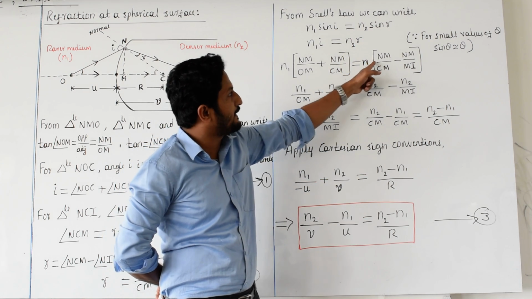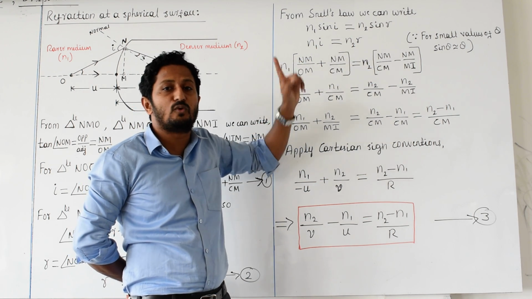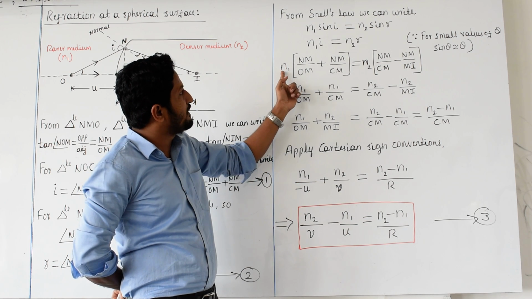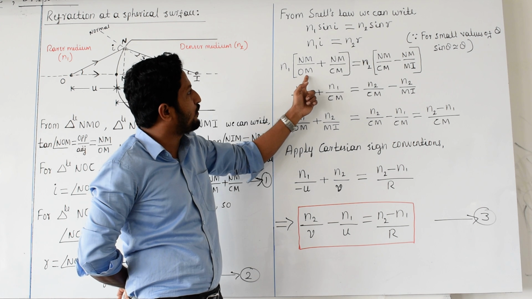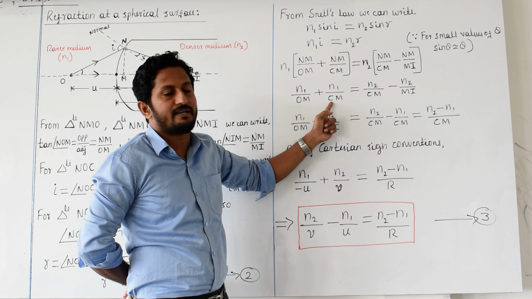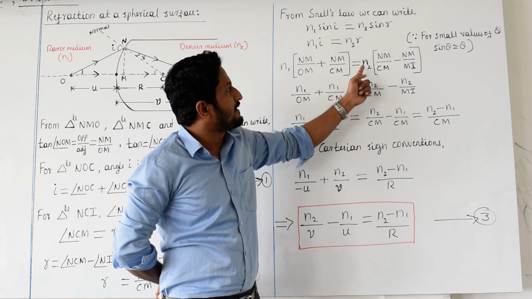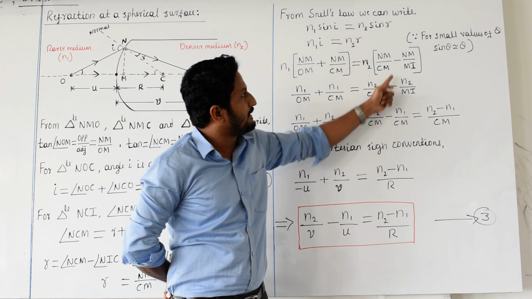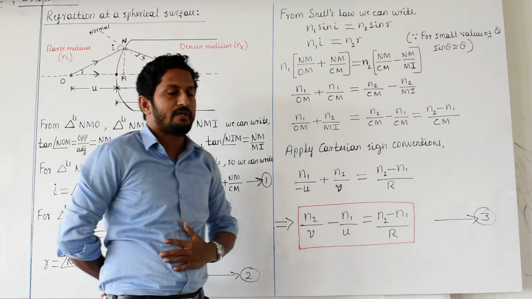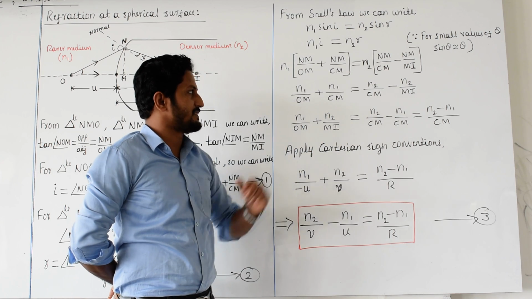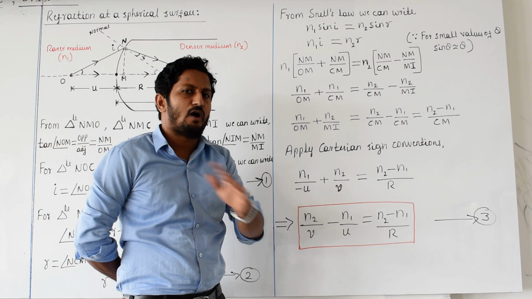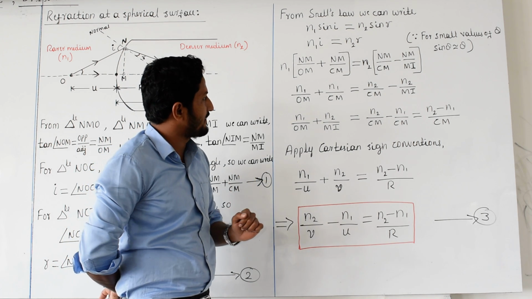This side NM and this side NM will both get cancelled. Okay, fine. Then you will be left with n1 by OM plus n1 by CM, that I have written. Similarly here n2 by CM, then minus n2 by MI. Okay, see here. Now look at this equation. Both sides we took that NM out. Yes, we cancel that.